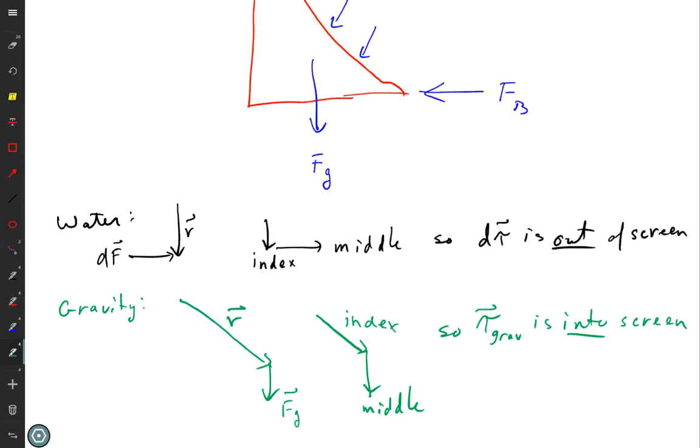Now, remember, it's the perpendicular part that really matters. And so oftentimes we actually will redraw it and say that R vector has two components. This one that's here is parallel to the force and it's not going to contribute to a torque.